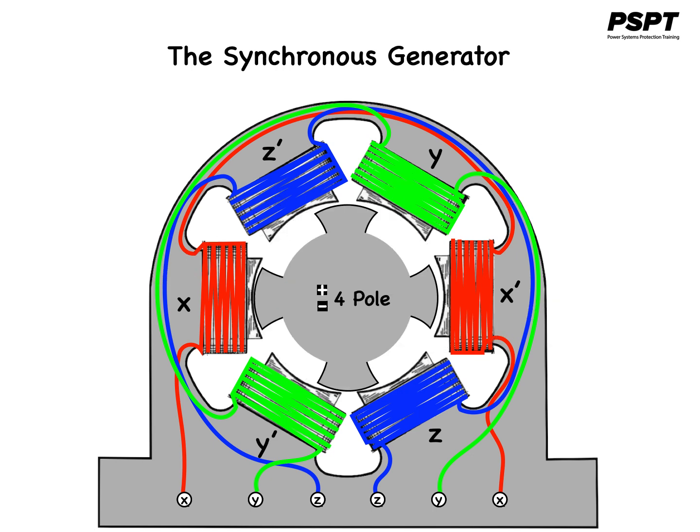In salient pole machines, when 4 or more poles are on the rotor, the multi-pole machine will look something like this. The magnetic fields are generated by DC current flowing through the coils on the protuberances on the rotor.